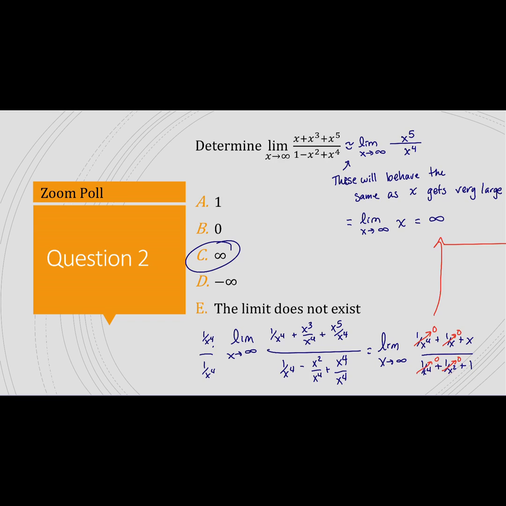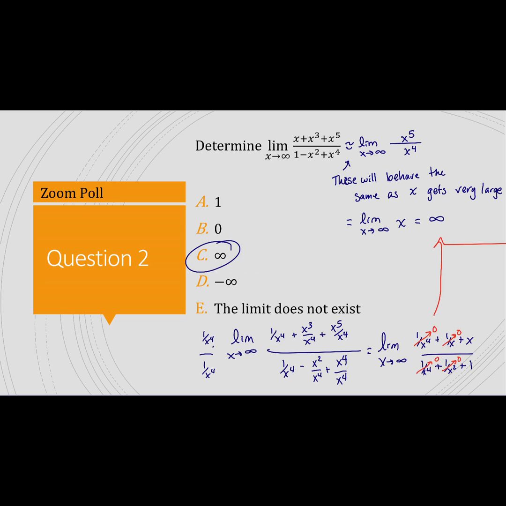And so as we get really large, our limit is going to be approximately the same as the limit of just that leading term on the top divided by that leading term on the bottom. That's also why I put approximately, because these two limits are not necessarily equal, since those functions are not the same function, but they behave the same.